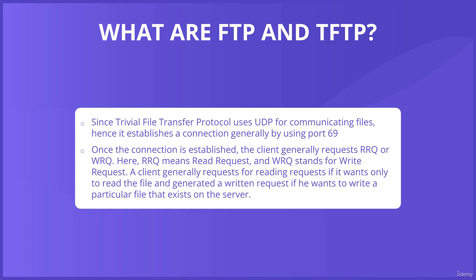Then once a connection is established, the client generally requests RRQ or WRQ. RRQ means read request, and WRQ stands for write request. A client will generally make a read request if it wants to only read the file, and a write request if it wants to write a particular file that exists on the server.